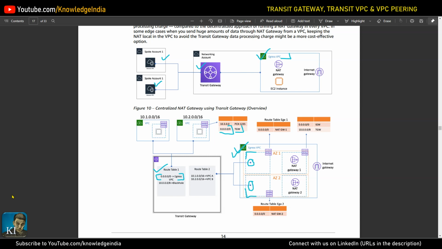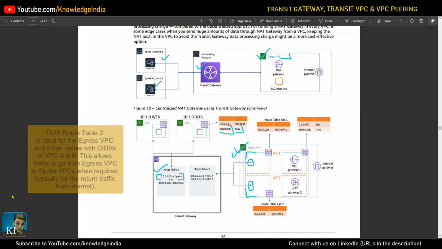You may go ahead and reuse the private subnets, it's possible, but the best thing would be if you keep a completely separate subnet only for the purpose of Transit Gateway. So if you see in this egress VPC, that's what has been done. So this is one subnet and this is another subnet, and in both the subnets you have ENIs created which are getting used by the Transit Gateway.